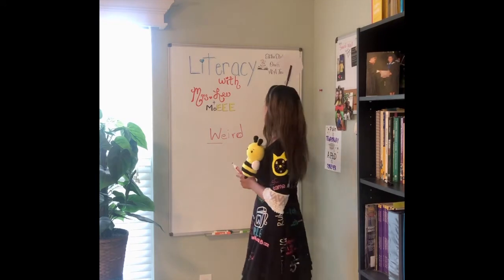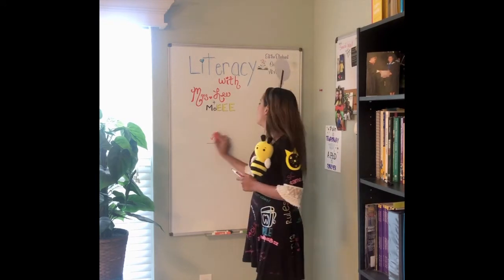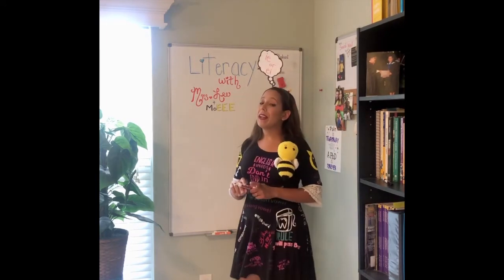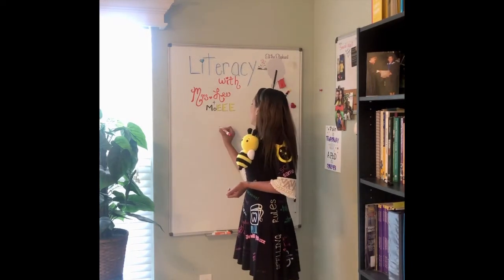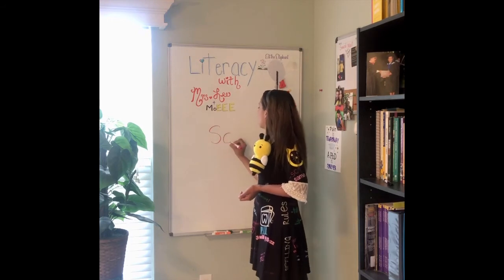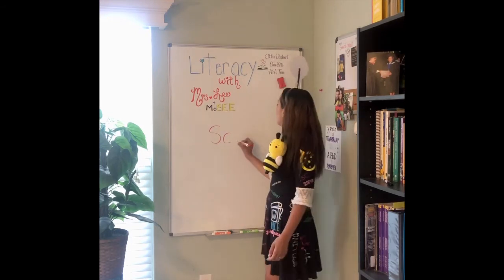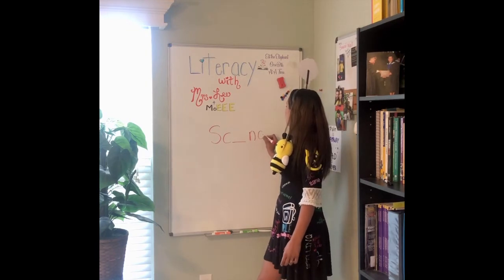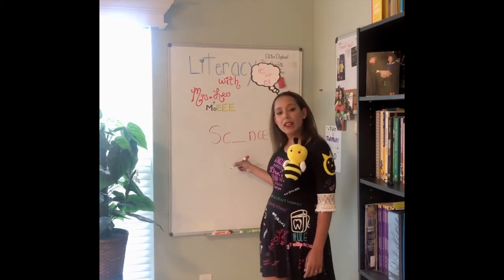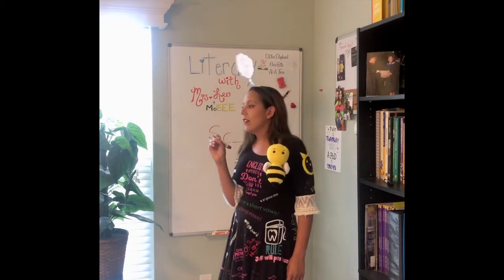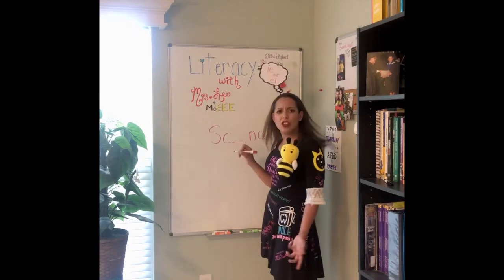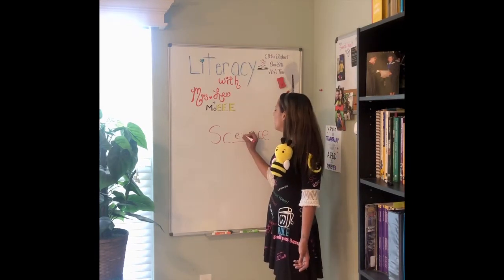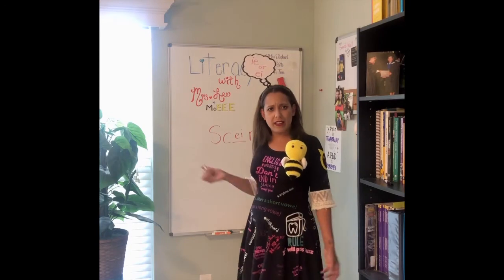Last one. Everybody's favorite subject. It was mine. Science. So we have I, ready? Sci. And now if I'm trying to spell it, I think, okay, well, I before E except after C. So here's my C. I should be spelling that with an E-I, correct?